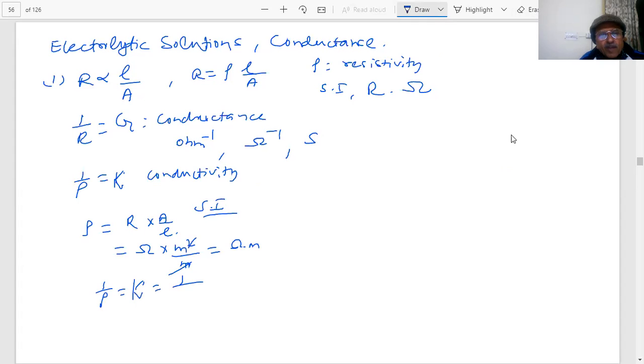What will be the unit? 1 by rho is ohm inverse meter inverse, that is Siemens meter inverse. Since meter is larger, most of the time we use centimeter inverse, students. And 1 Siemens centimeter inverse will be equal to 100 Siemens meter inverse.